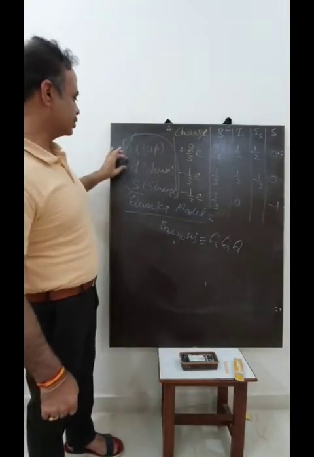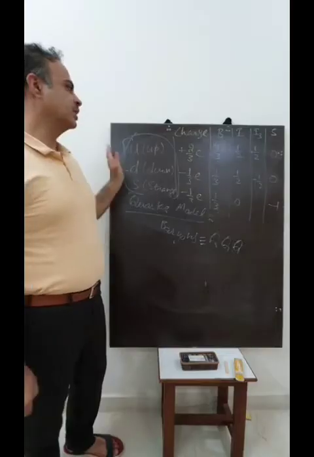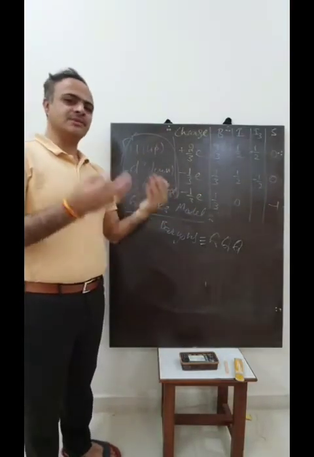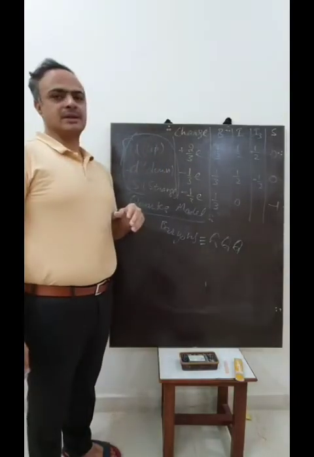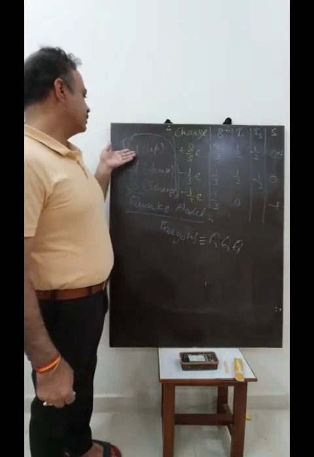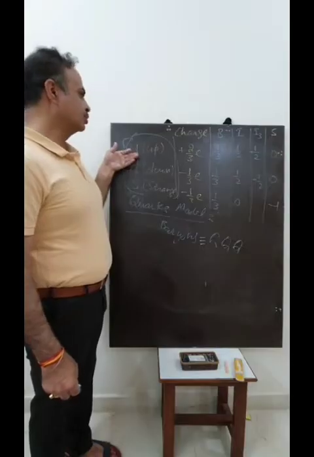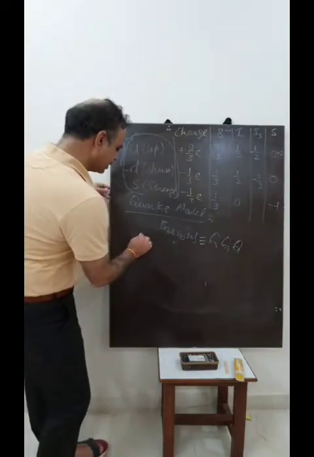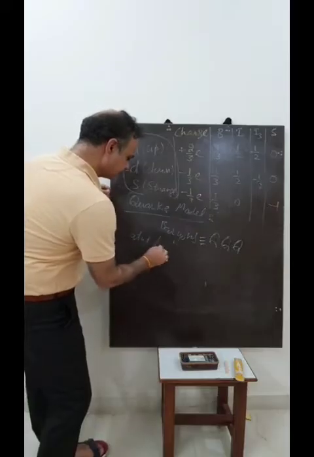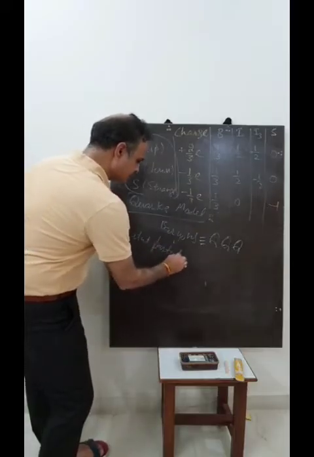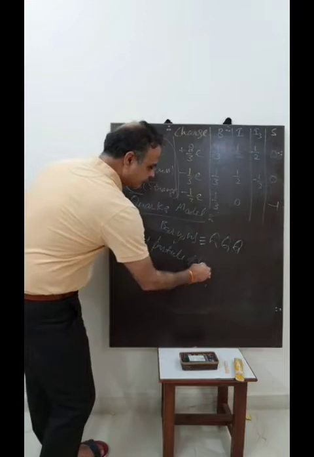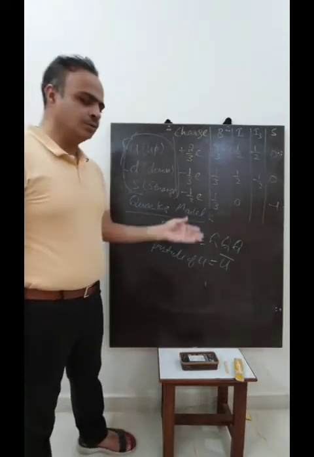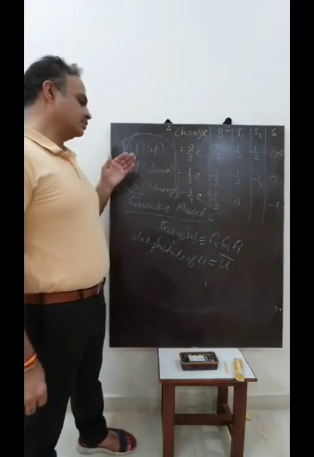Every quark, UDS and CBT, has its antiparticle. The antiparticle of U is U bar, of D is D bar, and of S is S bar.